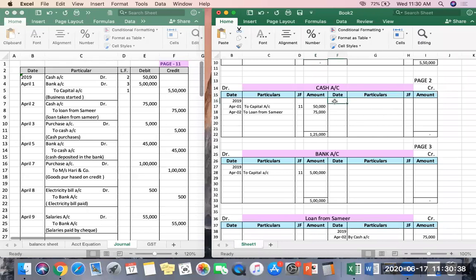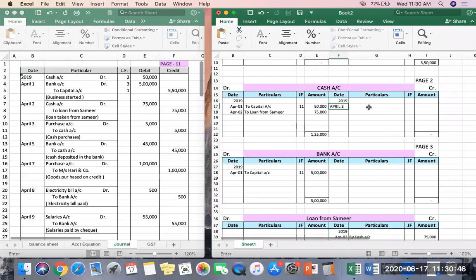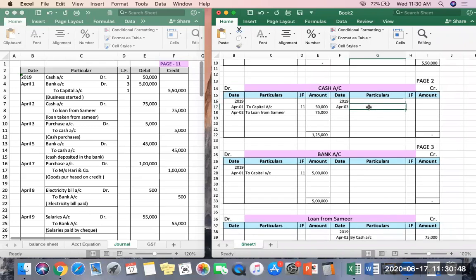So you will write April 3rd, and in particulars, what will come? By purchase account. Here the amount will come as 5,000.